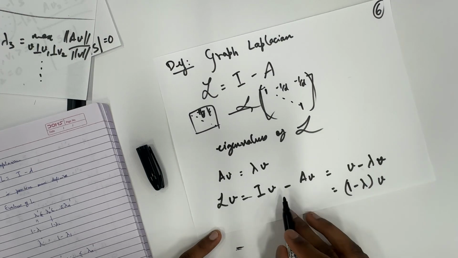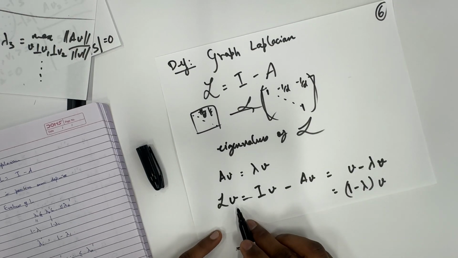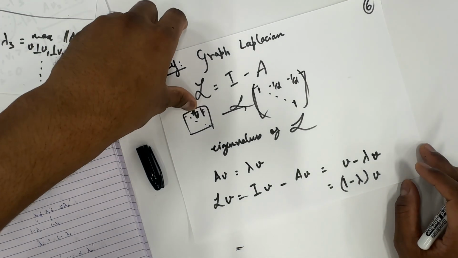Eigenvectors stay the same, because eigenvectors do not change. However, the eigenvalues change.